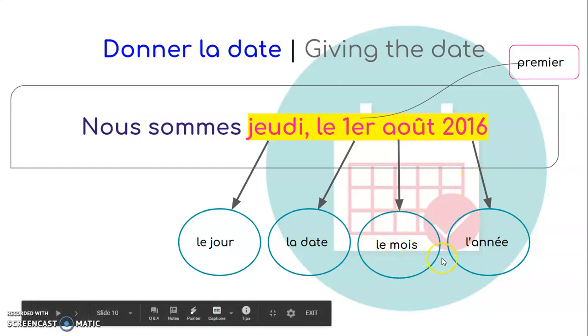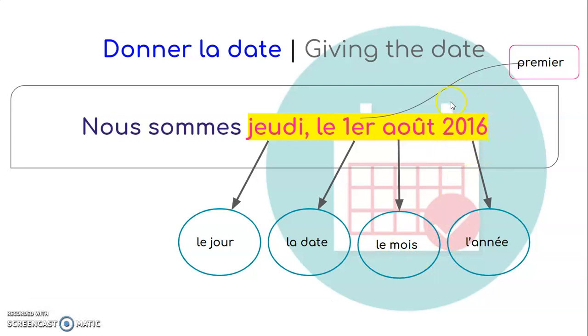Août, c'est August, right? Can we take a shot at maybe saying this year? It's a bit different, 2016 in English, but it's the same concept. We say 2000 and then we add the last two digits to the 2000. Do you remember what 16 is in French?